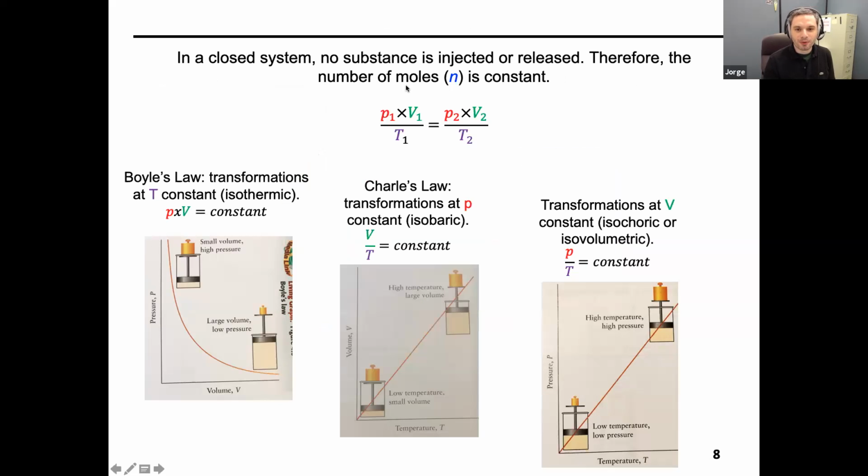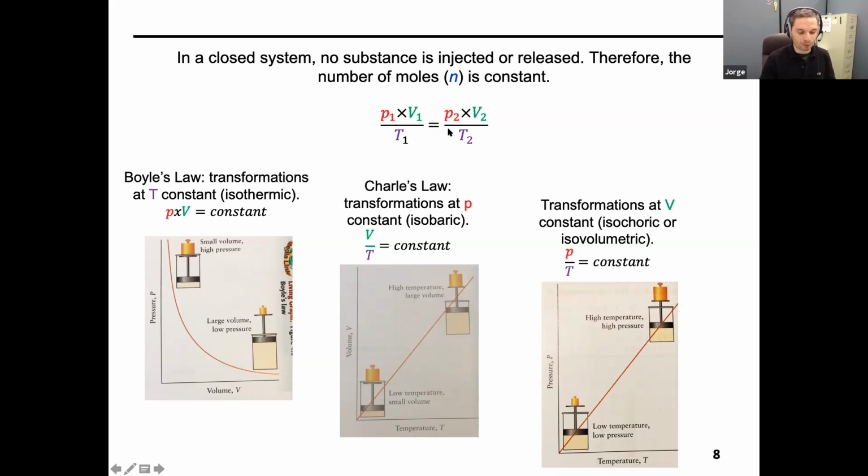In this case, we can say that the product pressure times volume divided by temperature for the initial state has to be equal to the product pressure times volume over temperature for the final state. Remember, important, the temperature must always be in Kelvin.